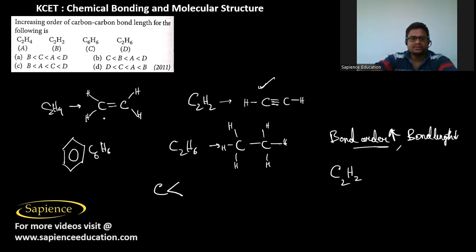Then comes A, and then here we have like 1.5 bonds. The bond order is almost 1.5, since here three double bonds are equally shared among all the six carbon-carbon bonds.